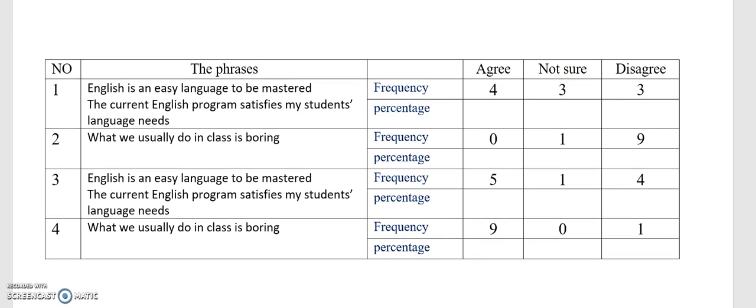So here are the numbers that I found for each statement. Now I will have to calculate the percentage of each response. For example, if my total number of students is 10, then 4 out of 10 students is 40% here.